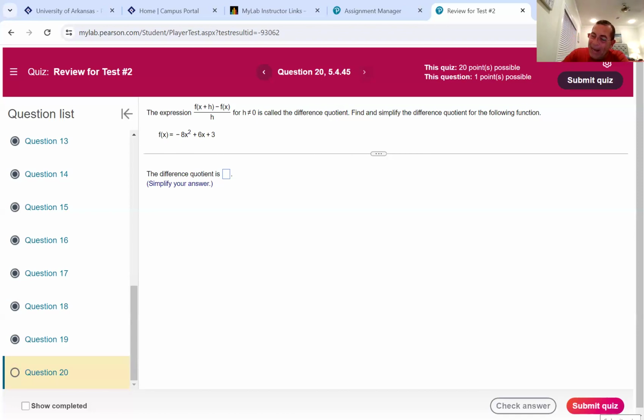So we got f of x equals negative 8x squared plus 6x plus 3. And we're still doing our difference quotients. So let's go have fun with this one, and I hope y'all saved something for us.